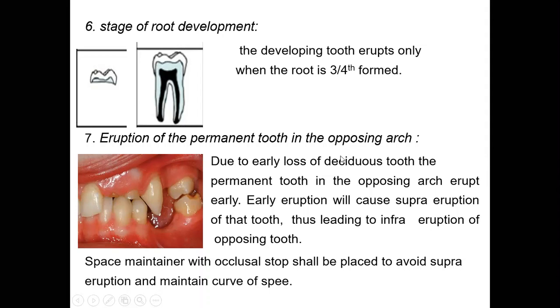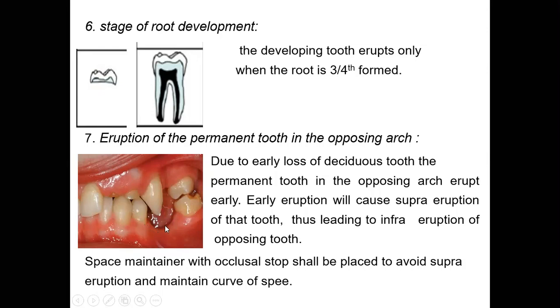And eruption of the permanent teeth in the opposing arch. Can you see here? This is the empty space, and we need to give a space maintainer. But the problem is that this tooth of the opposing arch has erupted more. That is supra eruption. It is supra erupted, and due to this it will cause problems in the opposing arch.